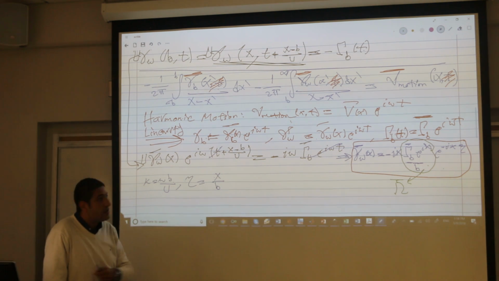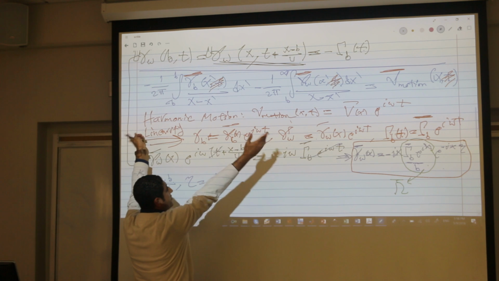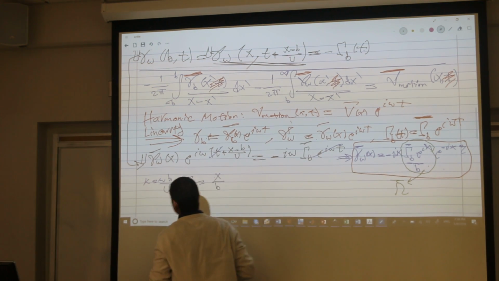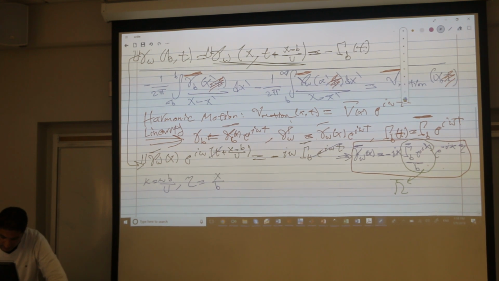Yeah, exactly. We had an equation here. The blue equation was waiting for a relation between gamma wake and gamma bound. I'll take this guy and put it there. So I'll write it in blue as well.